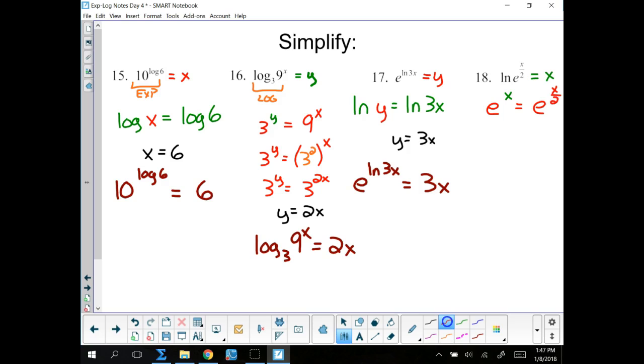Yep, I put x, but that should be y. Found my error. So what's y got to be equal to? X over 2. So the natural log of e to the x over 2 power is just x over 2.